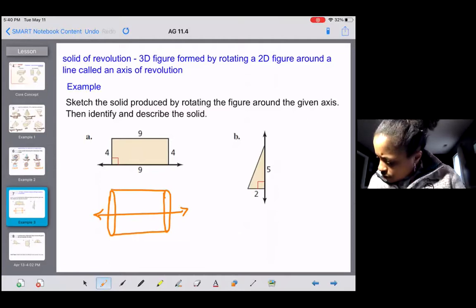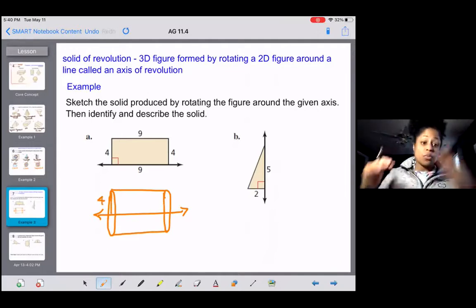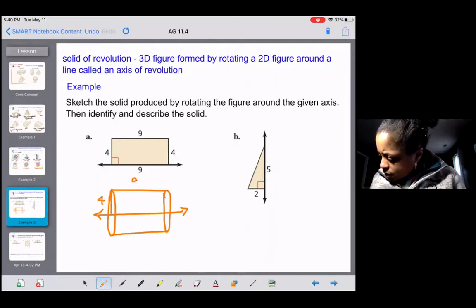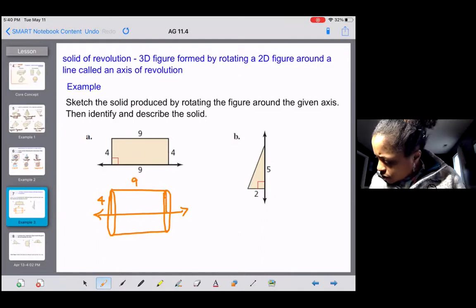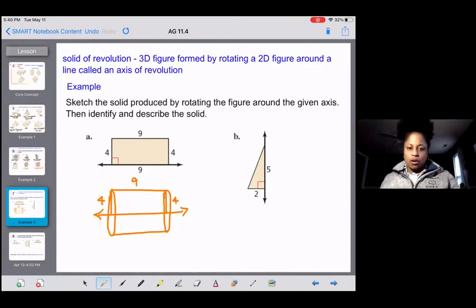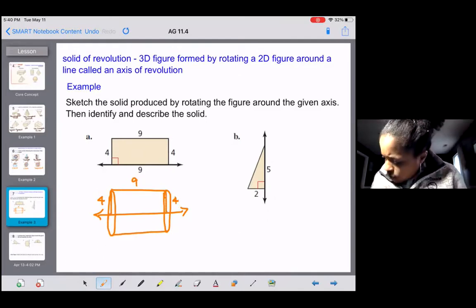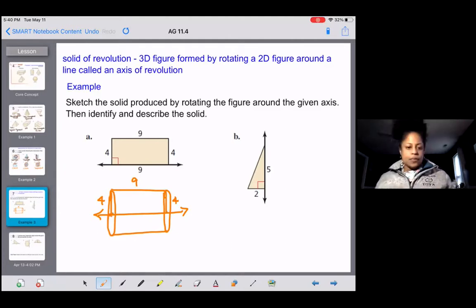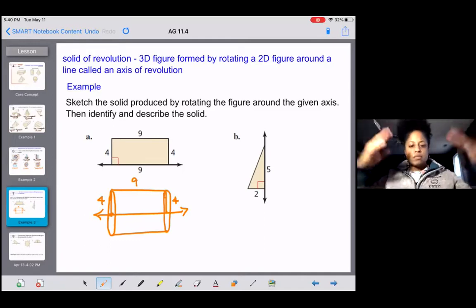This distance from here to here is going to be 4, because it's just like the rectangle the way it is. This distance is going to be 9. Of course, this distance is also going to be 4. So the radius of the circle on the cylinder this way is 4. Radius over here is 4. Okay, so that's going around.